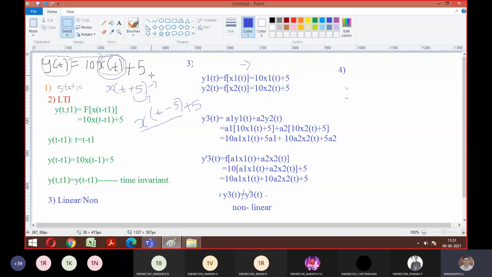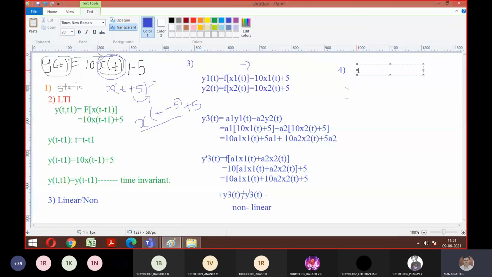If a sine function or trigonometric function is there, or integration or differentiation, just focus on x of t, how it is. So if x of t is depending on the present, I can conclude this is called as causal. So I hope everyone got how we solve this causal problem.